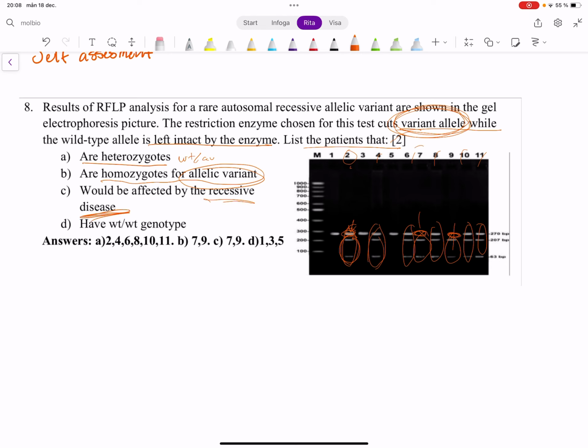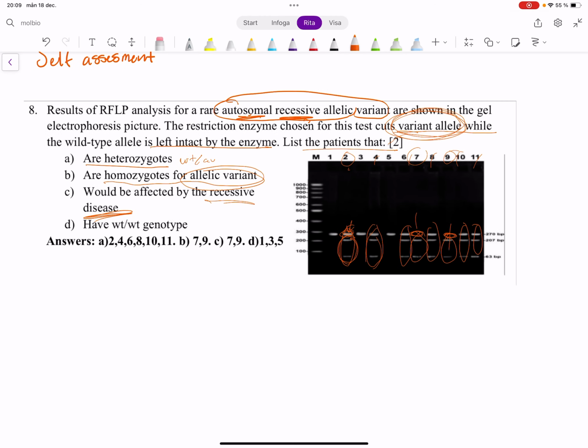That would also be 7 and 9, because it's an autosomal recessive allelic variant. So if it's autosomal and recessive, and the person does not have any wild type, then they will definitely have the disease.